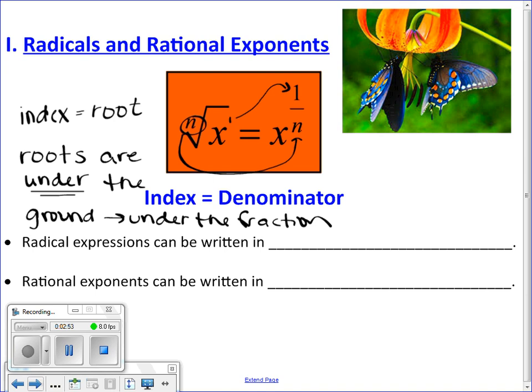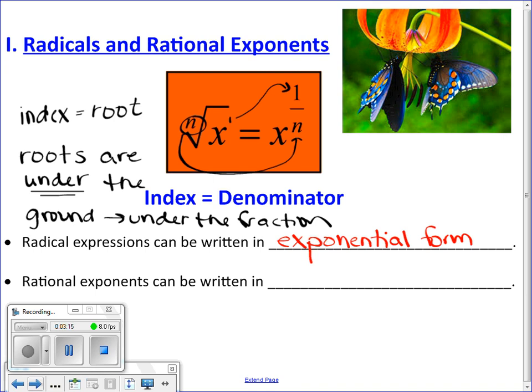All right, so radical expressions can be written in blank. In what? Exponential form. In other words, a radical can be written with an exponent instead.